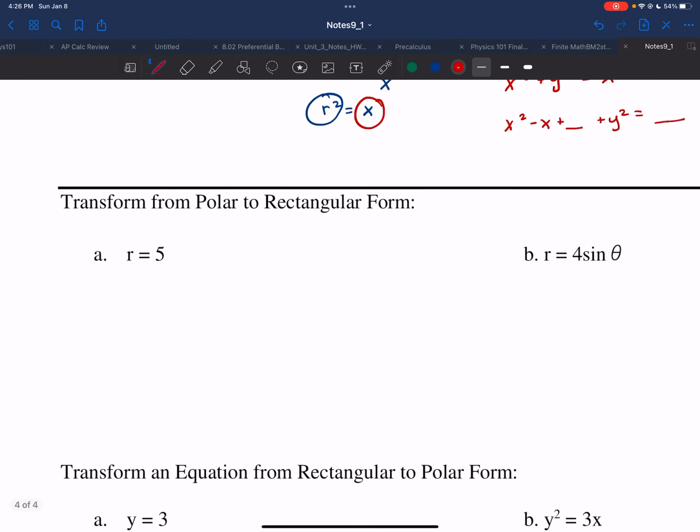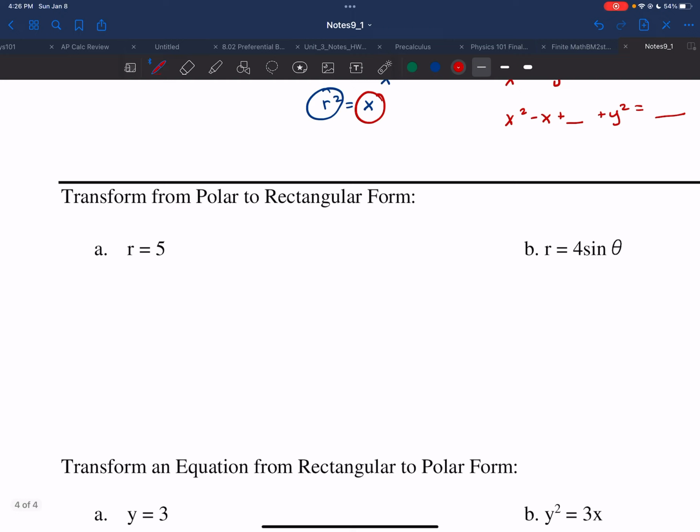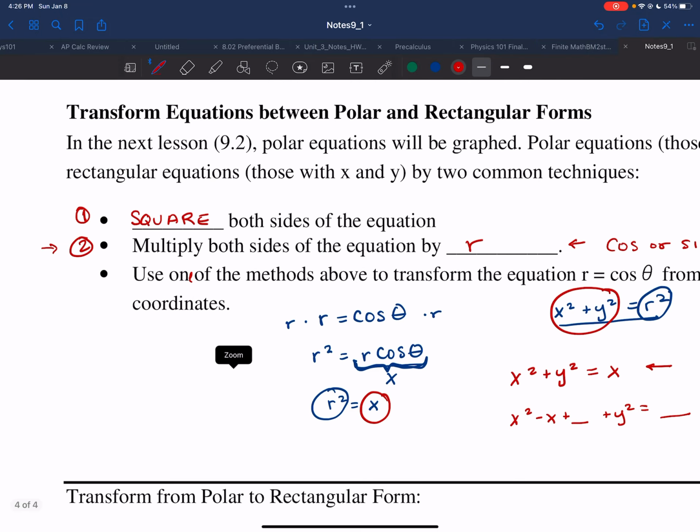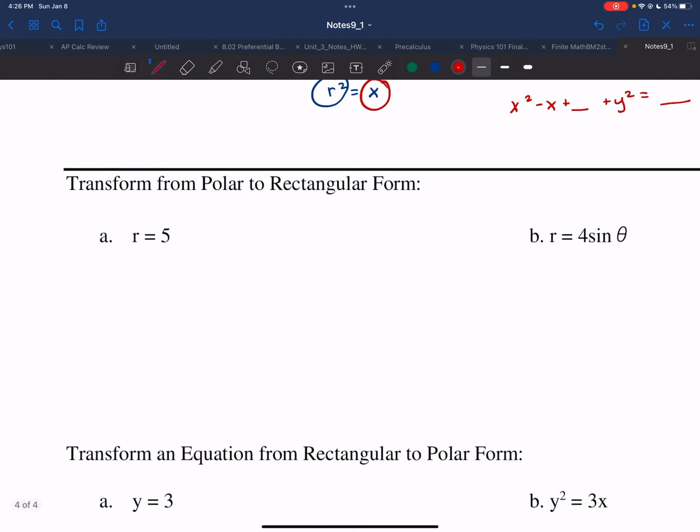Okay, so let's go ahead and look at these two examples. A, I have r is equal to 5. I don't see a cosine or a sine, so I'm going to go with my first one that says I'm going to square both sides. So I have r squared equals 5 squared. So r squared equals 25. And then I know that r squared is equal to x squared plus y squared.